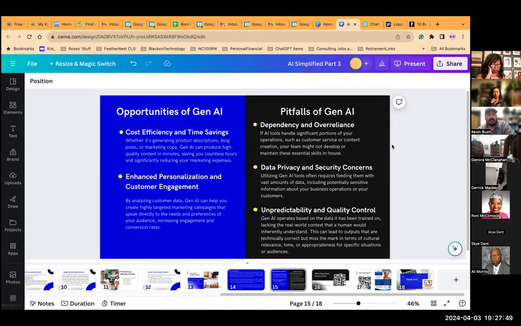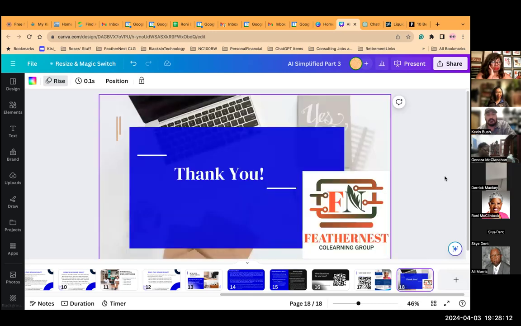You don't want to become so over-reliant on it that you're just putting questions in and then cutting and pasting. You always want to check the information, check your numbers, check the data, and make sure that it's in your voice. But it's a great start. I like to say it's a great first draft.